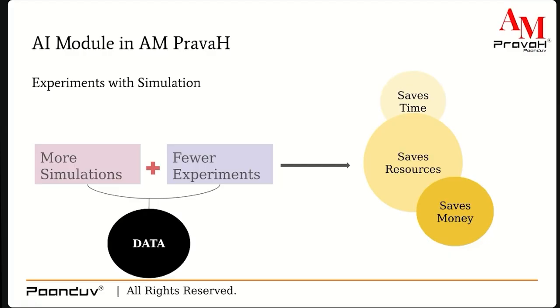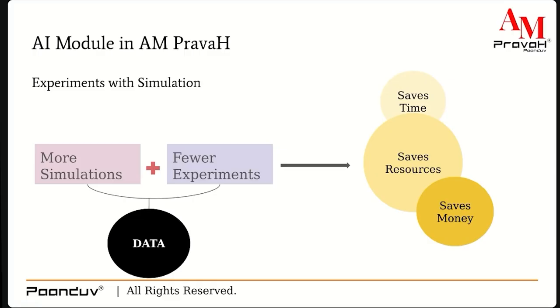Definitely, using simulation we are saving a lot of time, a lot of resources, and money as well. When we are performing experiments along with simulations, we are saving all of it. But with time, we know that we are having a lot of data, be it from simulations or experiments.